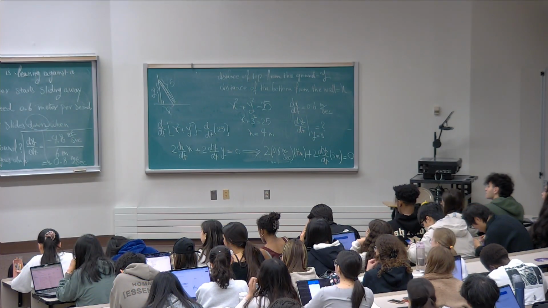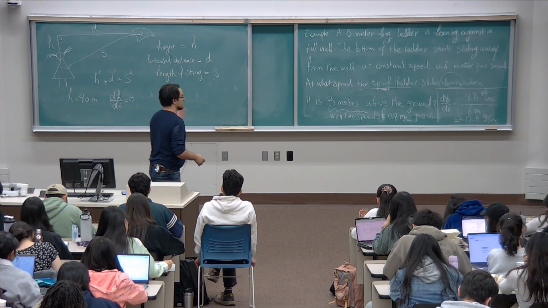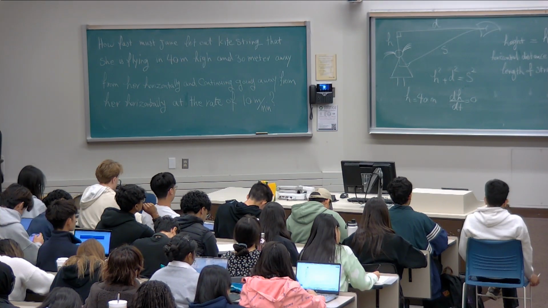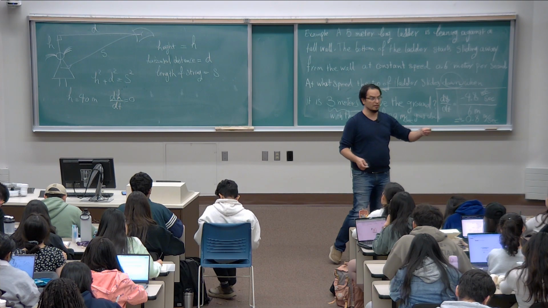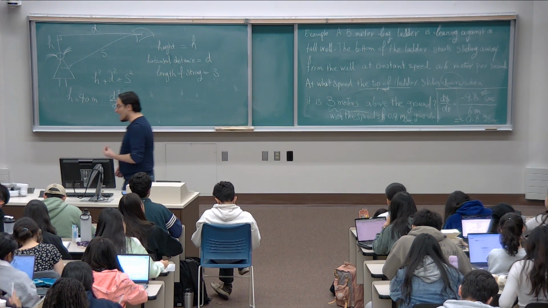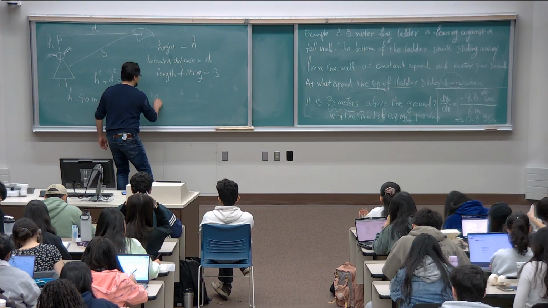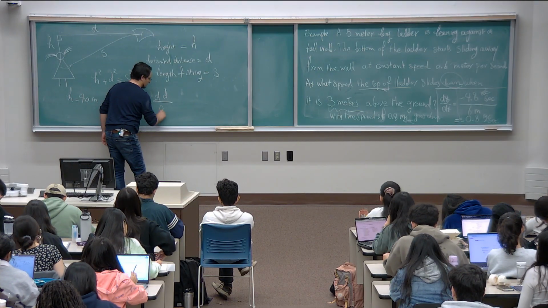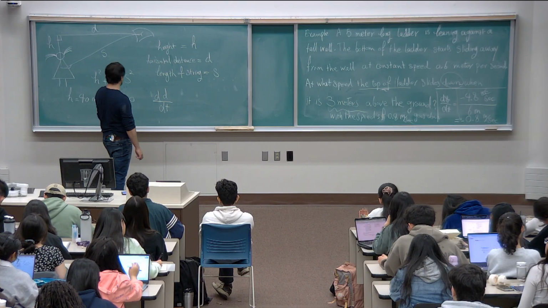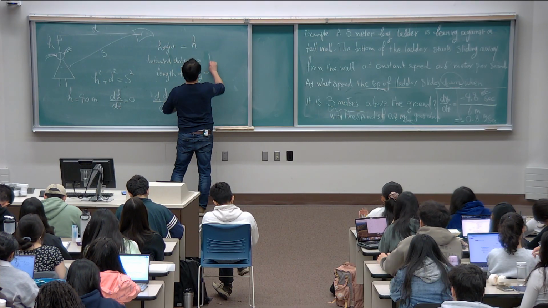H is constant all the time, which means that it doesn't vary as time goes on. Its rate of change with respect to time is 0. Also, we know that the distance d from the time, oh, I hate that d. Maybe I should do d.